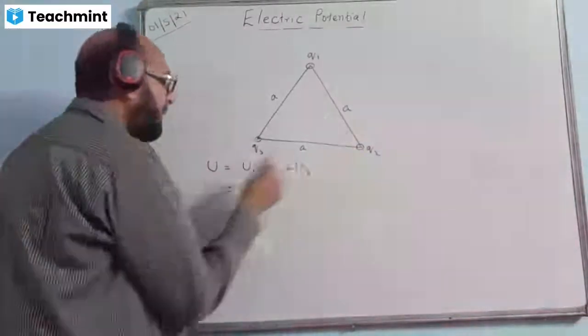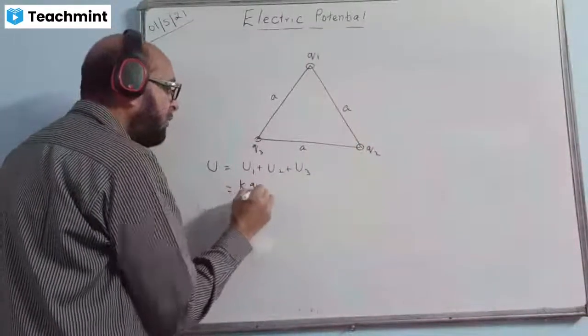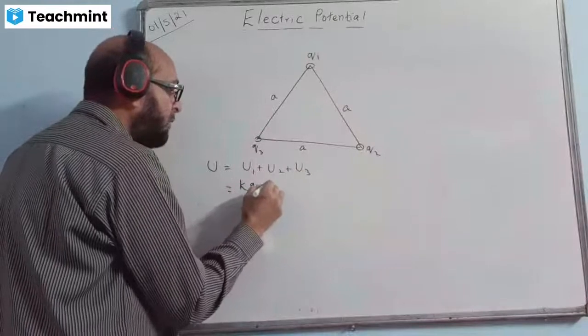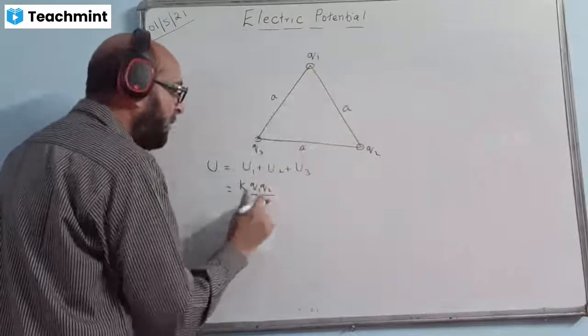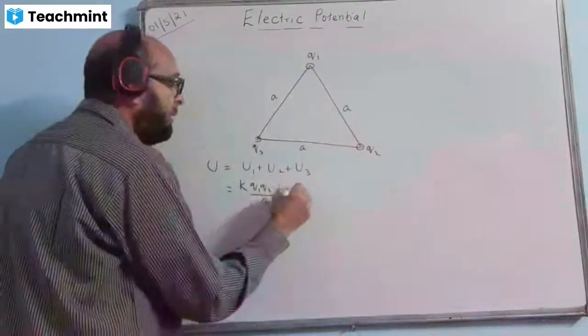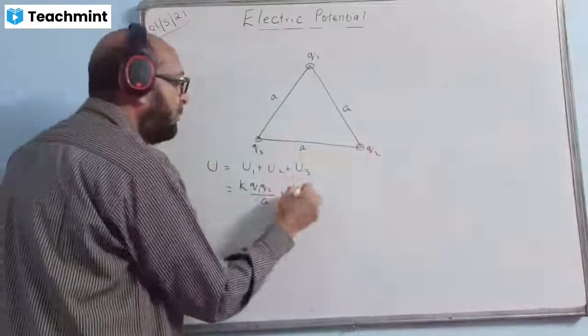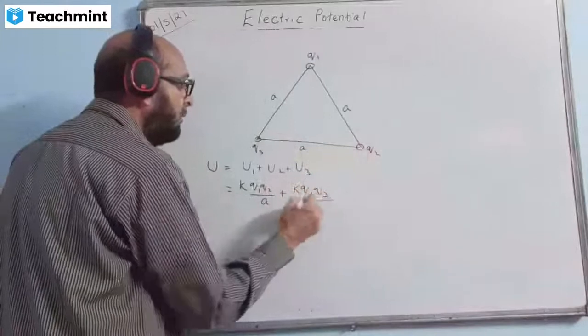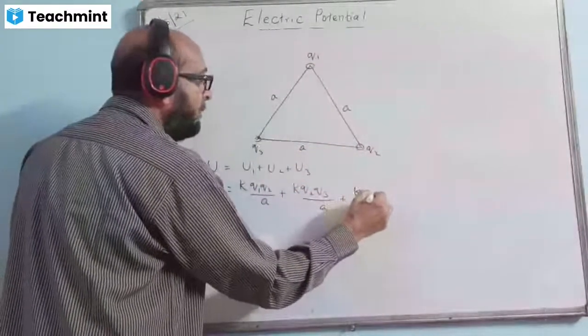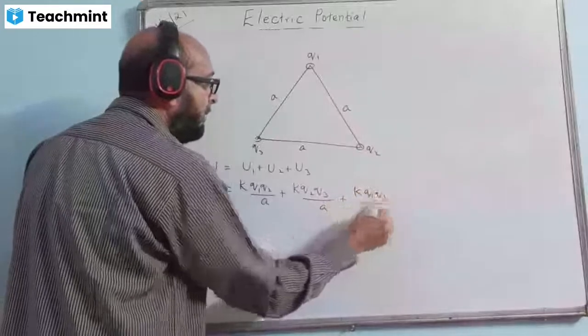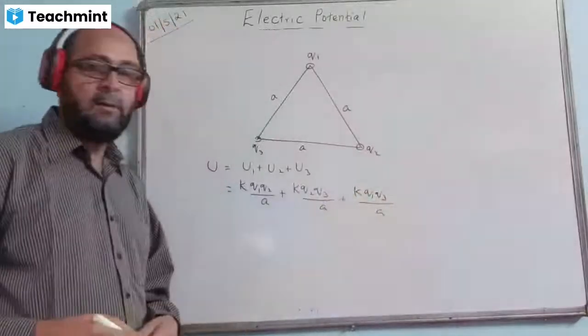U1 is between these two, I take the formula we just derived, K Q1 Q2 by R. The distance between them is the same as A over here. So I write A. Next I write between these two K Q2 Q3 by A. Next K Q1 Q3 by A. Finished.